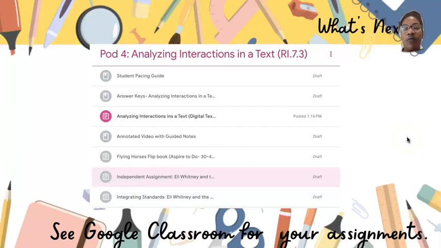All right, so what's next for you? See your Google Classroom for your assignments. There are several interactive assignments that you're going to do. There's some group work, some collaborative work you're going to do. Of course, you're going to complete your guided notes.